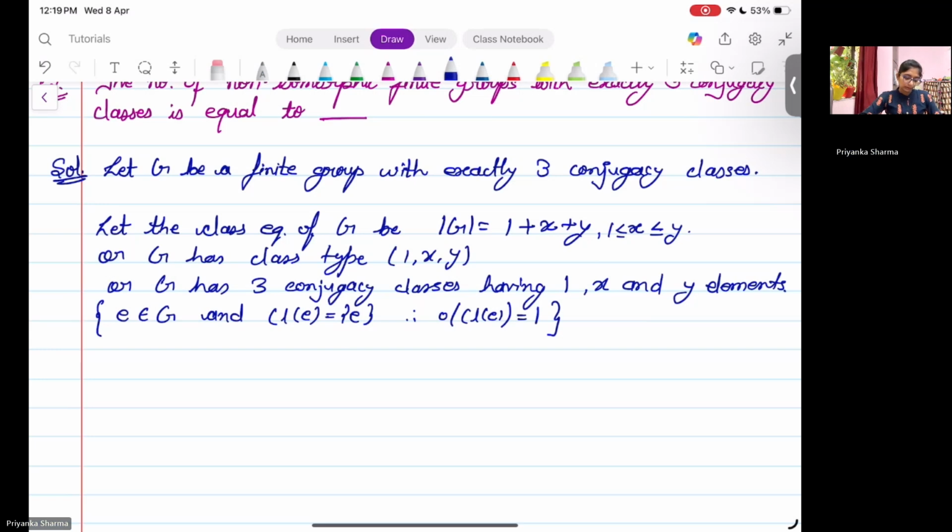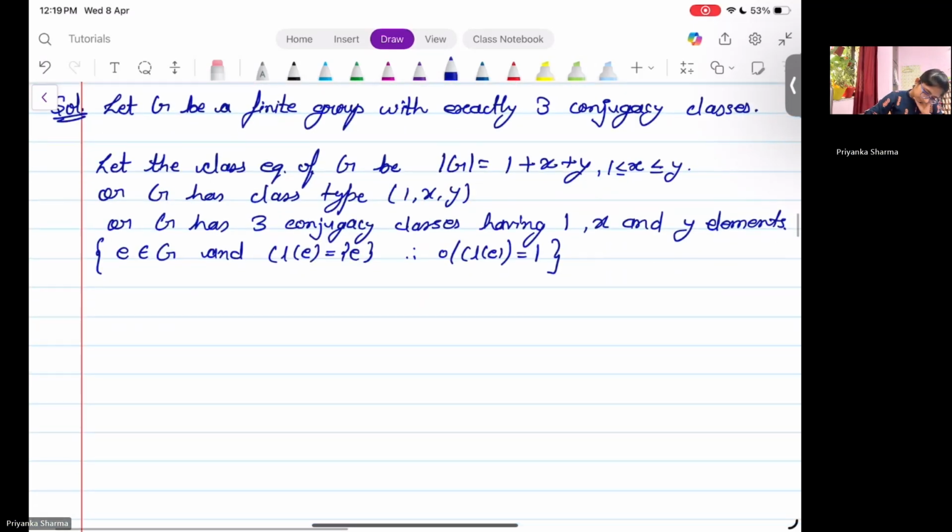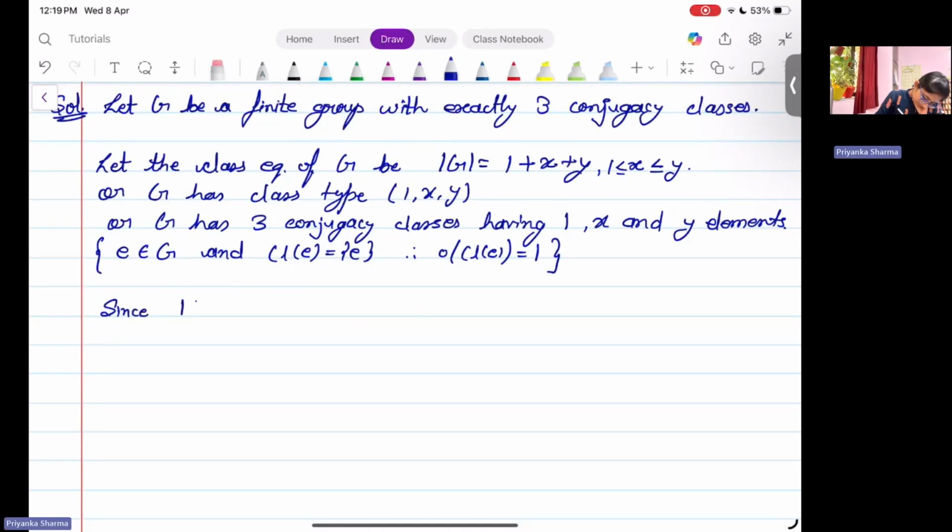So now we need to find the values of x and y, since the order of G is 1 plus x plus y, that is, order of G minus x is 1 plus y.